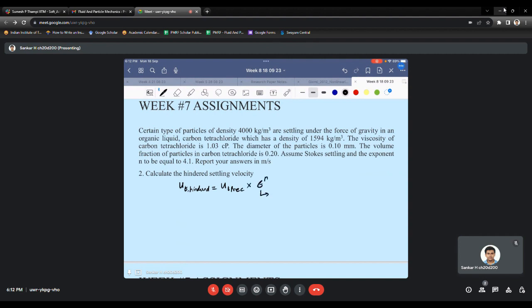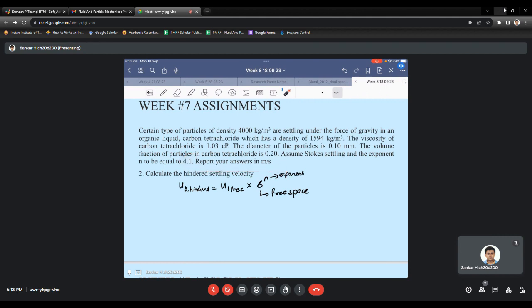Here epsilon is the free space, and n is the exponent that is given here.